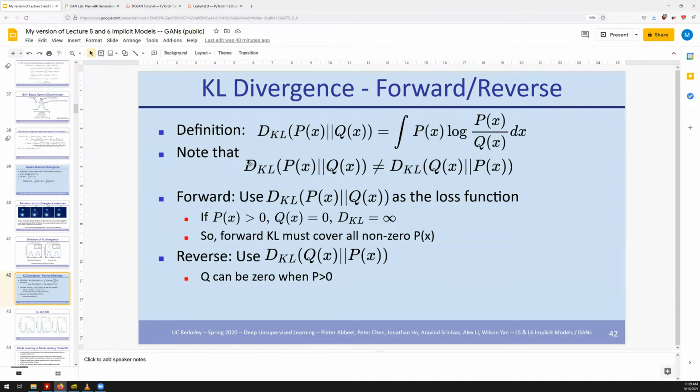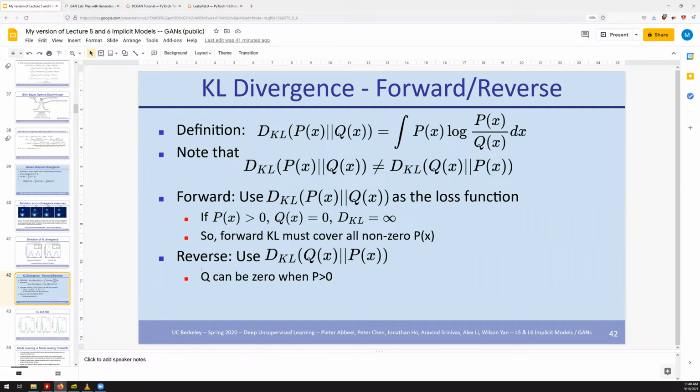If you use the forward part, you have P(x) over Q(x). If P(x) is greater than 0 and Q(x) is 0, so our real distribution has some value but our other distribution does not, then this is infinity, right? Here for this small portion. So there's a very strong incentive, if you're using KL divergence, to cover every single point.